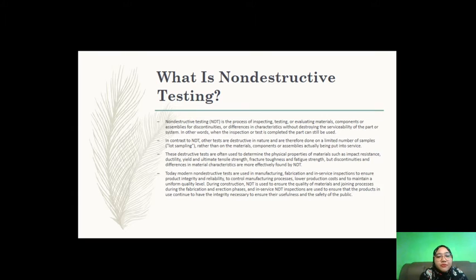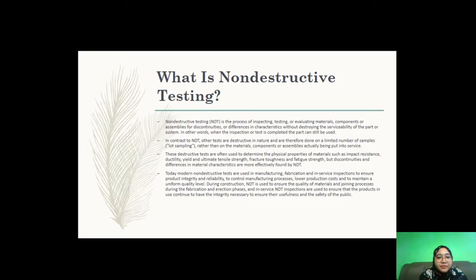Today, modern non-destructive testing is used in manufacturing, fabrication, and in-service inspection to ensure product integrity and reliability, to control manufacturing processes, lower production costs, and to maintain a uniform quality level during construction.